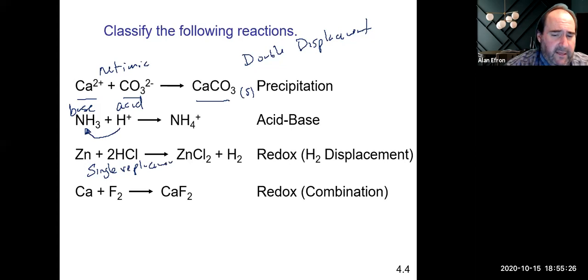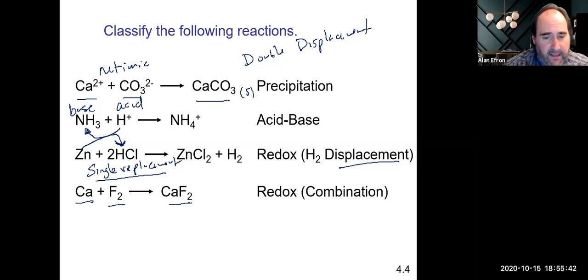Most specifically here, it is the zinc coming in and kicking out the hydrogen, thus sometimes called a hydrogen displacement, but single replacement would be fine. And this is a combination, an ionic compound being formed. Two things make one thing. Combination or synthesis reaction could also be classified as a redox reaction. Any questions on any of those?